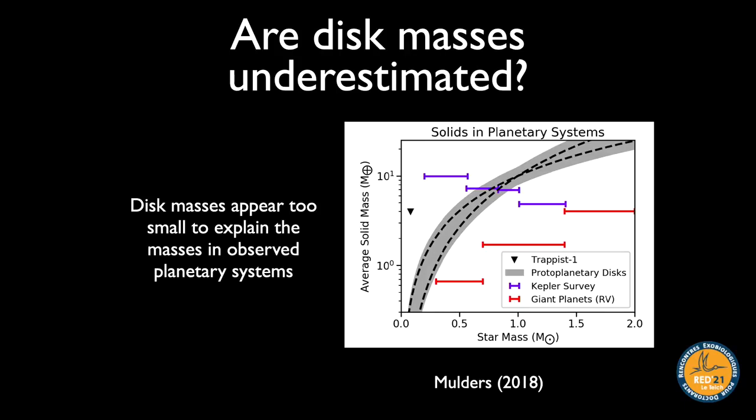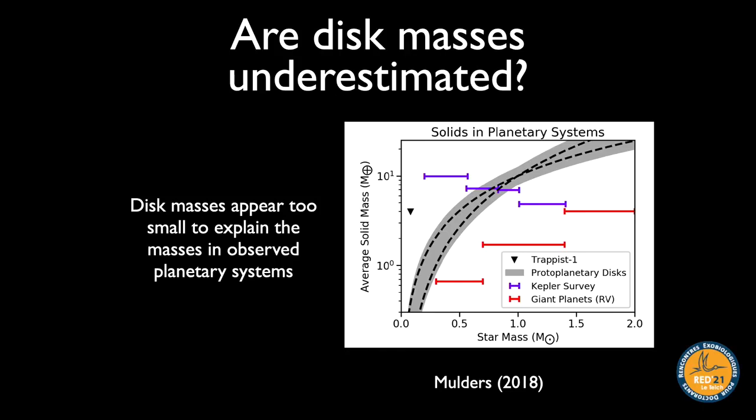Well, the blue and red lines here are showing if you take exoplanet systems and add up all the mass that's in them, then you can compare it with those gray curves, which is the amount of mass we think is there from measuring the disks themselves. And in some cases, there's not enough. So especially for the small stars, there's more mass in the planets than we think should even be in the whole disk. And that doesn't make any sense, right?